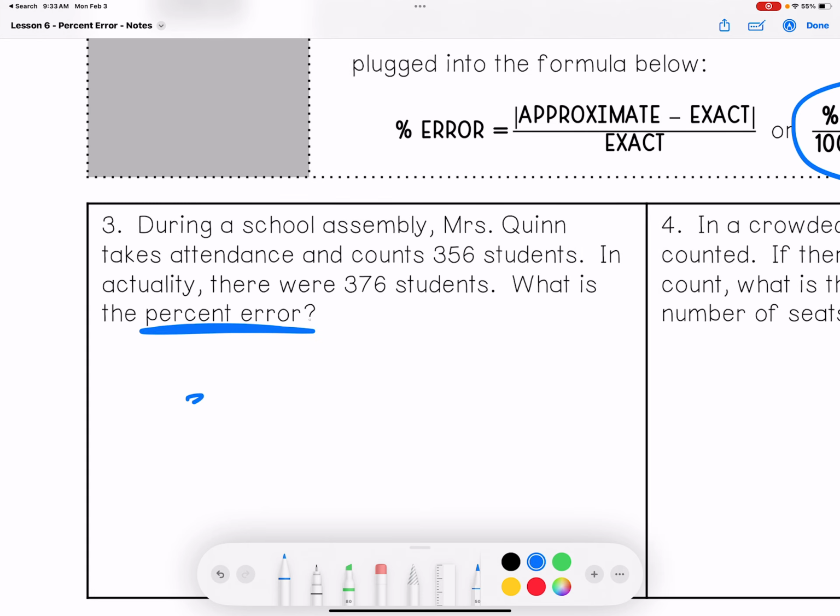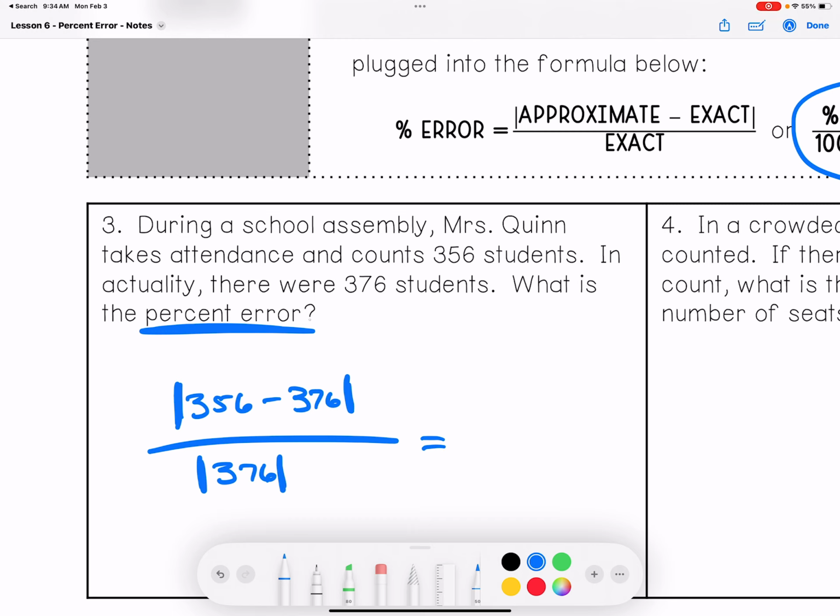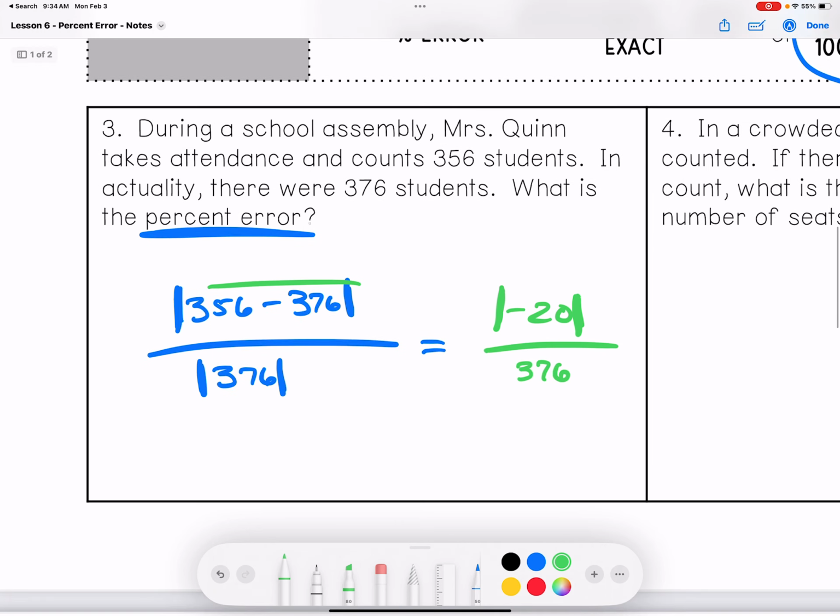So we're going to take 356 minus 376, the absolute value, over the absolute value of 376. So you're going to end up with, subtract these two right here, the absolute value of negative 20 over 376. What is the absolute value of negative 20? It is 20 over 376.